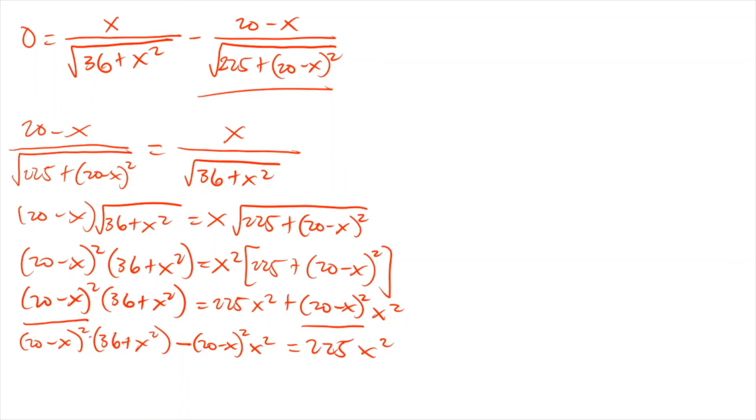Okay, then we factor out the common factor, which is 20 minus x squared, so that for the first term we are left with 36 plus x squared, minus for the second term we are left with x squared, so minus x squared, equal to 5x squared.